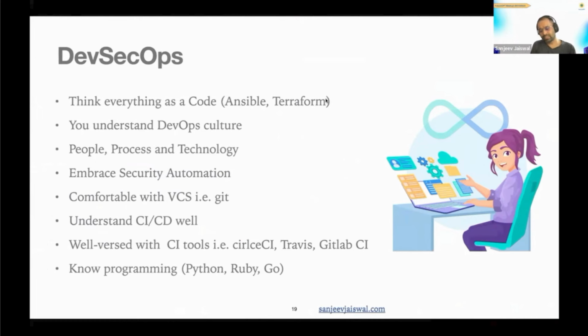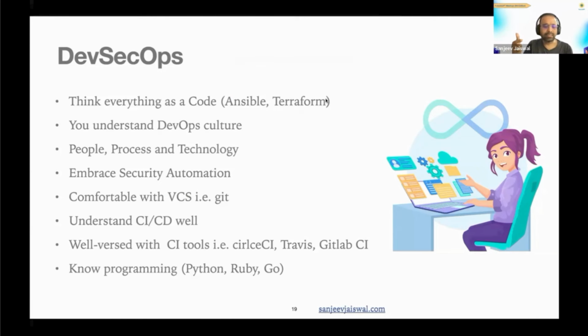And then DevSecOps. Whenever you think about application, cloud, development, and the overall security of it, DevSecOps comes into the picture. DevSecOps is also important for people who want to be in the field where lots of security automation is happening and you want to add security there. It can be anything.